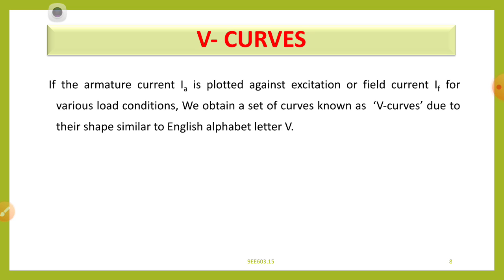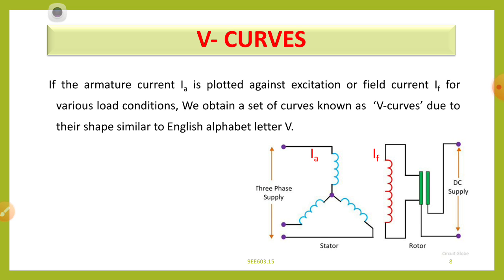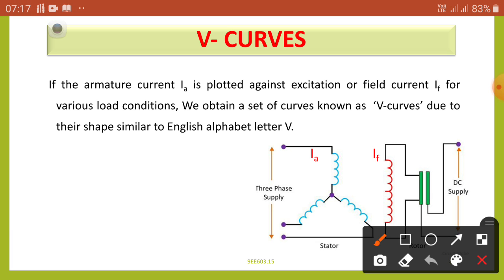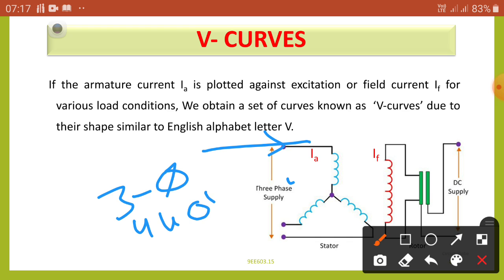Here you can see the motor normally takes current from the input supply. A 3-phase, 440 volts, 50 Hz AC supply is given to our synchronous motor. It will draw a current of IA at a power factor of cos phi.